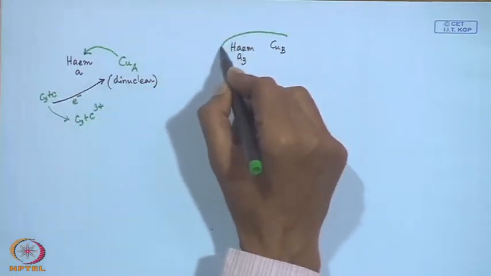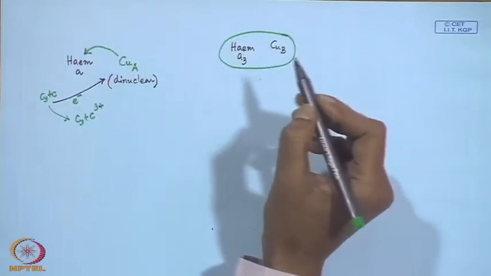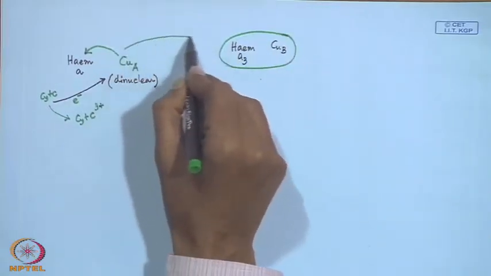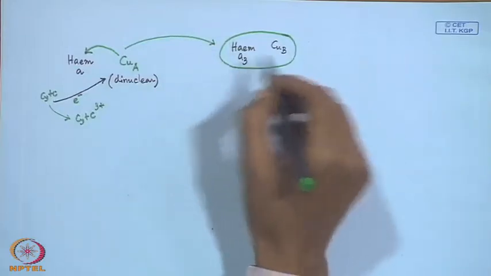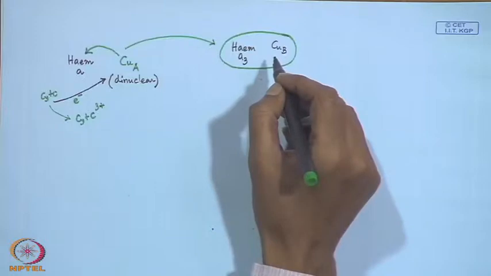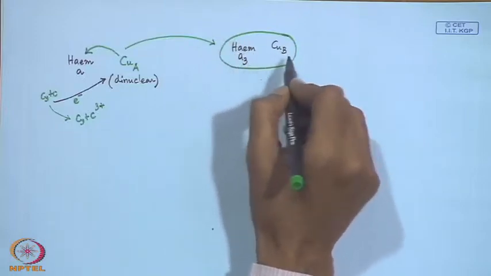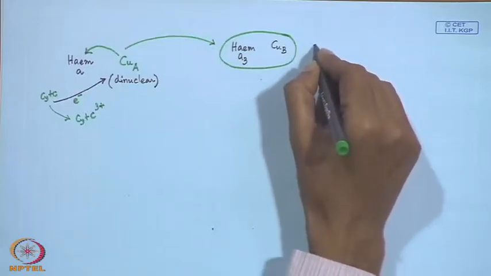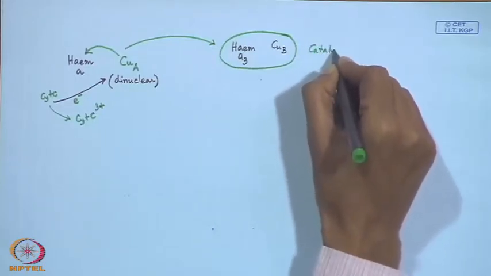So, these two now are close to each other, and after reducing this center, electrons are ultimately pushed into this particular system of heme A3 and copper B, because this is our catalytic center. Why?